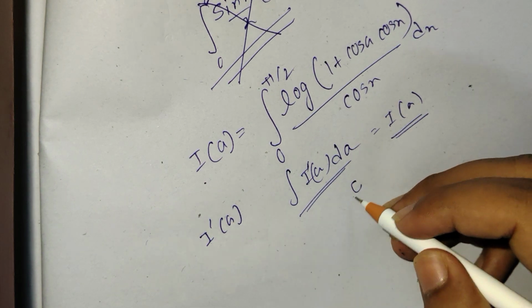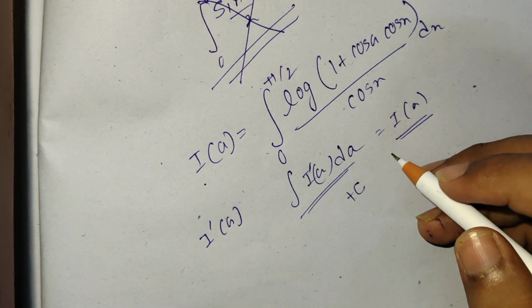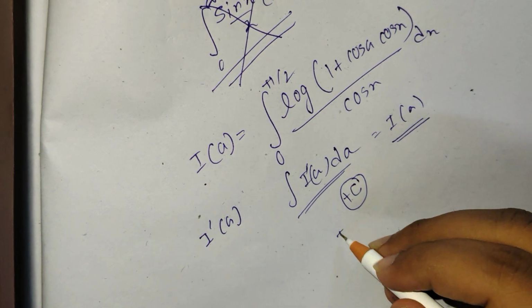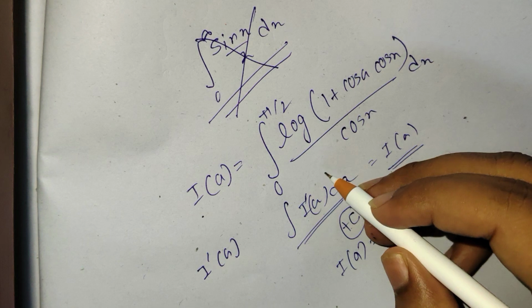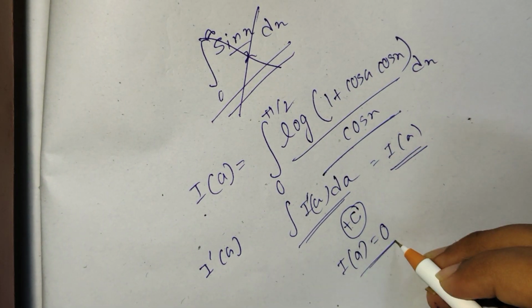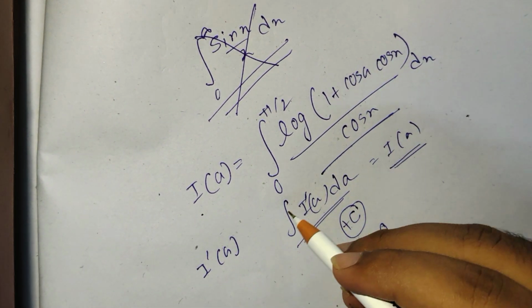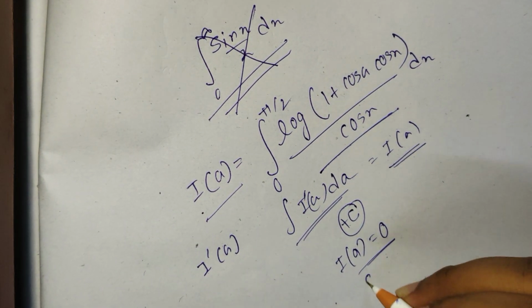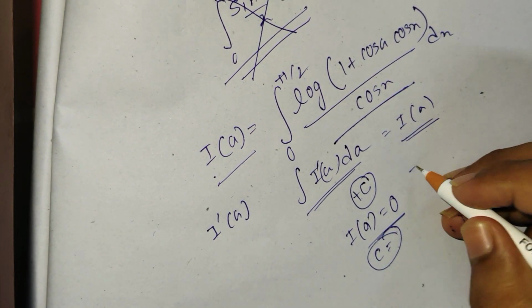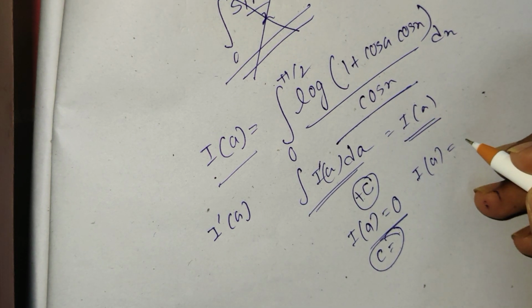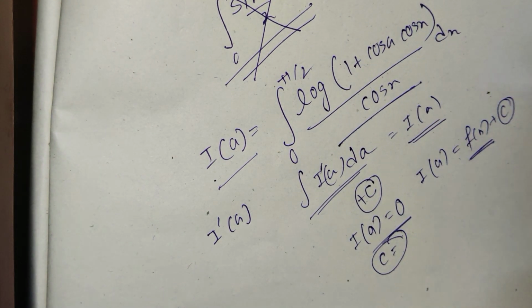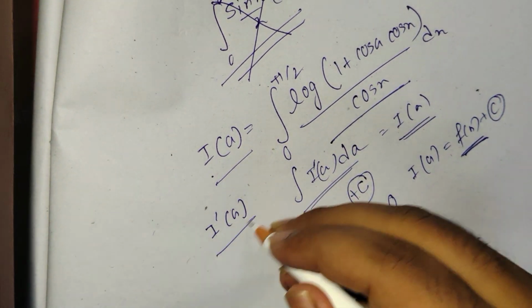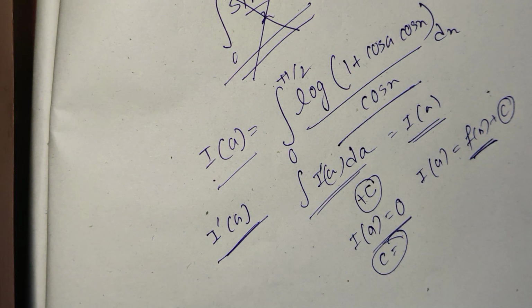So you have to take a constant c, and you have to find c by equating I(a) equals 0, solving for the value of a so that the value of I(a) will be 0. From this you will find the value of c, then you can finally find I(a), which is a function of a plus c. You have the c and you have f(a) also. And how can you find f(a)? Using this.